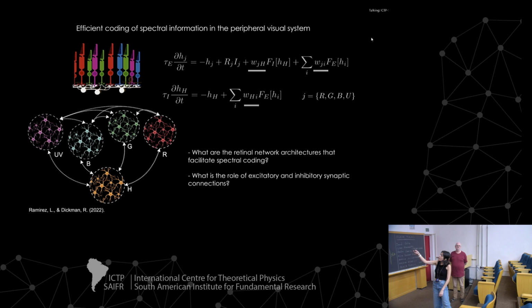So we have the external input, which is going to be, for instance, the monochromatic color that we are sending into the network. And these are going to be the inputs from the excitatory and the inhibitory network interactions. So this is going to be from the horizontal cells to our neuron, and this is going to be from the different cone populations to this specific population.